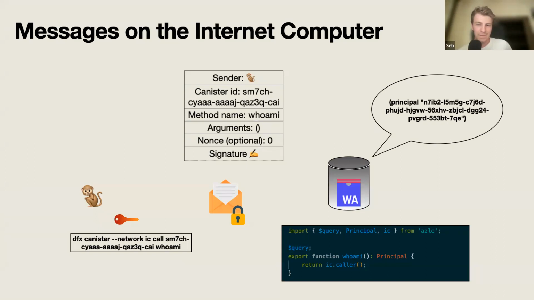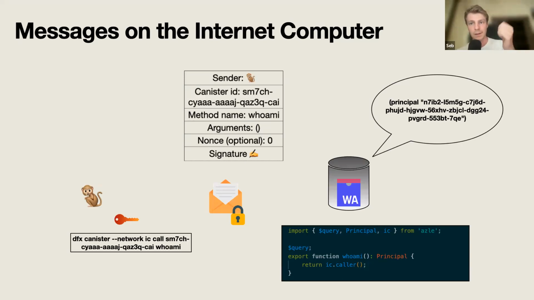So this is very different from Web2, because in Web2, once you log into a service, you don't sign all requests. You can just send a request to a server and you don't have to sign all of them. On the IC, you have to sign every message. So every message that you send is going to be signed. And your principal is essentially a hash of your public key.